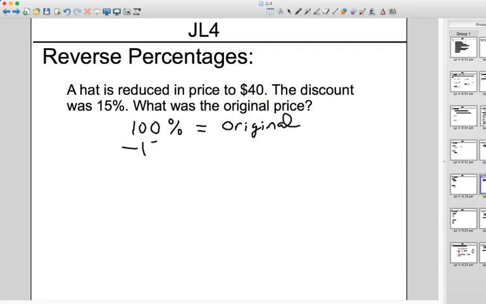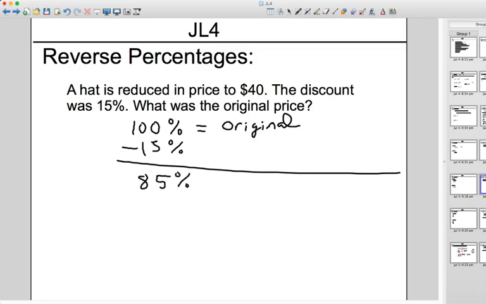Minus 15%. 85%. $40. And this is the sale price.